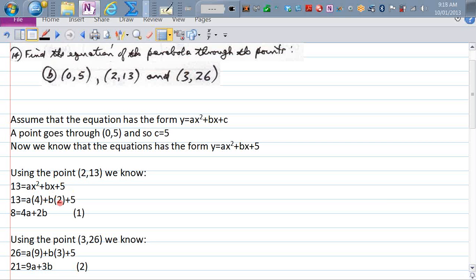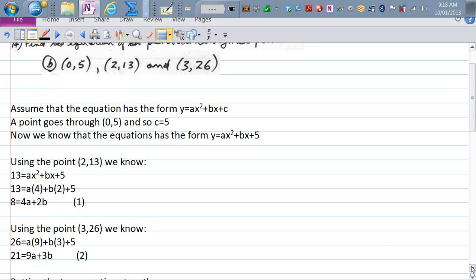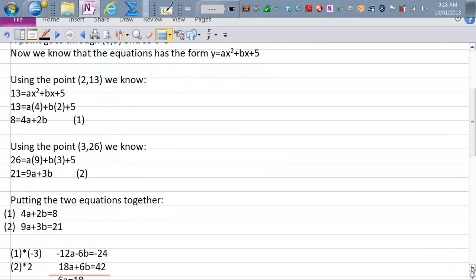Here we get 2b, and we get 5. When we transpose the 5 to this side, 13 minus 5, we get 8. This term gives us 4a, and this term gives us 2b. So we now have 4a plus 2b equals 8.